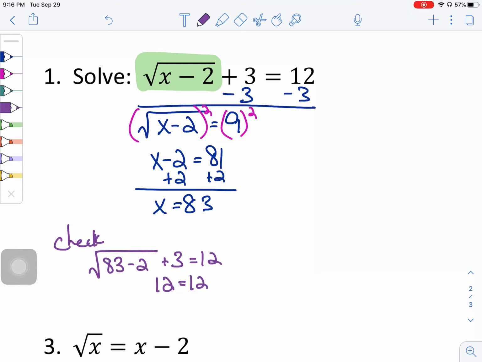Yes, that is a true statement. So I now know that this is the solution to that radical equation. Okay? But you have to check your work. If you don't check your work, you are going to get extraneous solutions on some of these problems, and that's going to cause some grief.